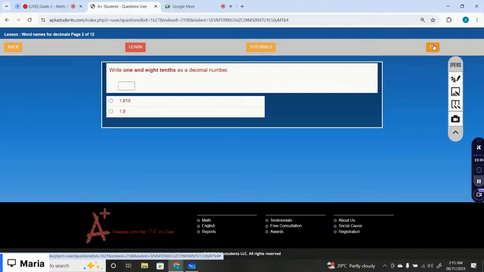Write 1 and 8 tenths as a decimal number. So which is the correct option?